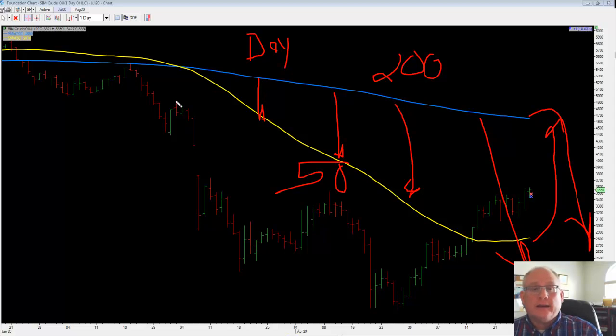In this case, when I say trend, what I mean is the overwhelming downtrend, as the daily chart is a downtrend, and the counter trend to that is up right now. Now, if the 50 bar was above the 200 bar, then the uptrend would be the trend, and the downtrend would be counter trend.